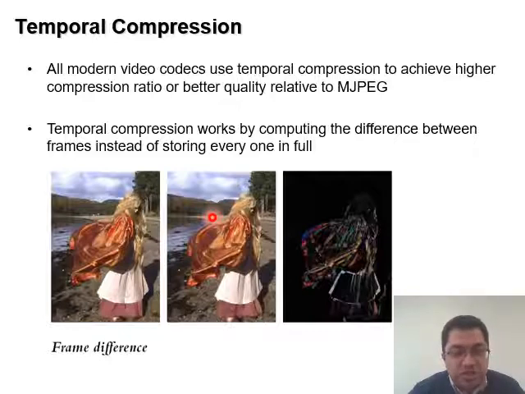Therefore, the change in the color of the pixels wouldn't be that much, and the amplitude of the differences would be small, which can even be represented with a small number of bits. So by storing only the differences, we are saving a lot in terms of storage. Okay?